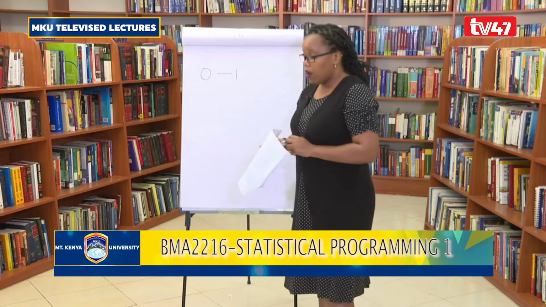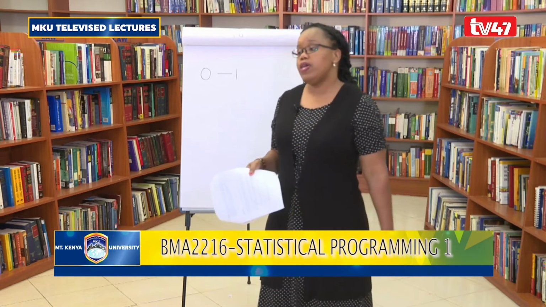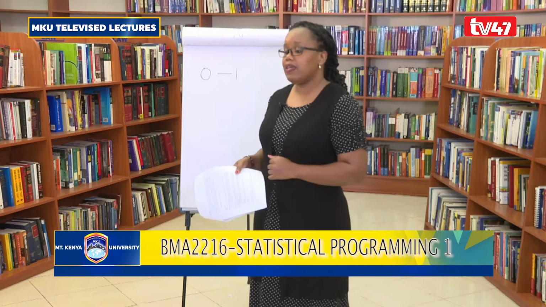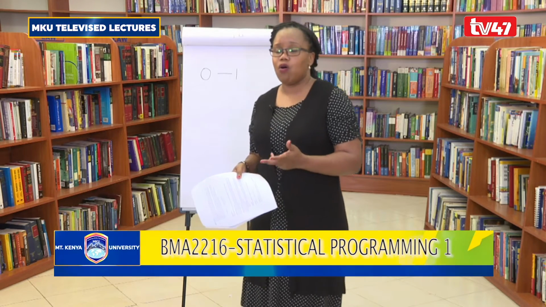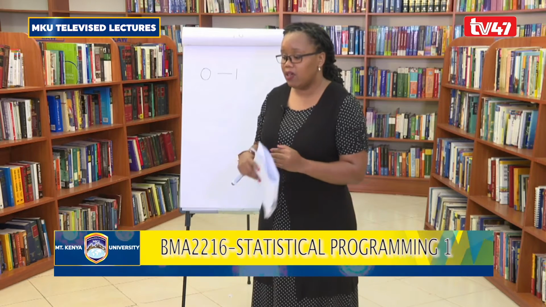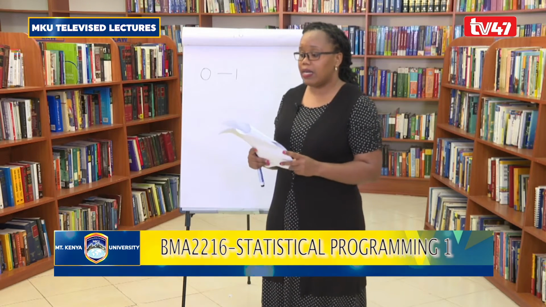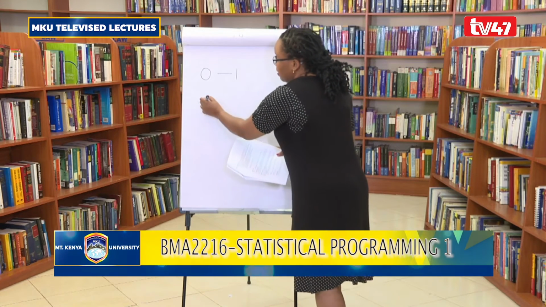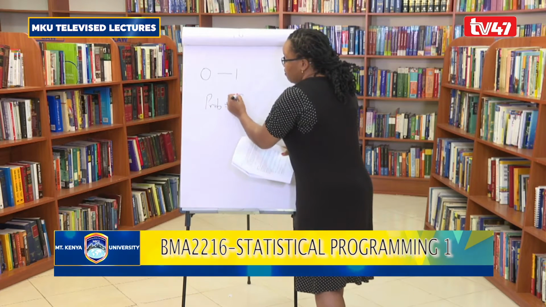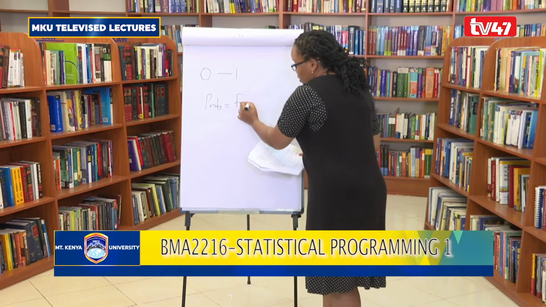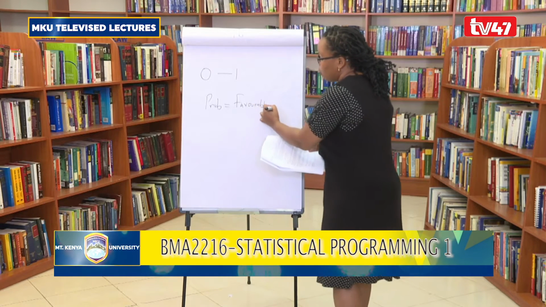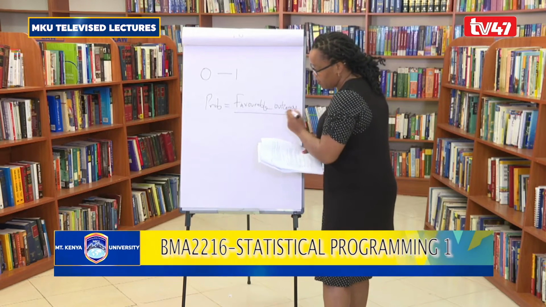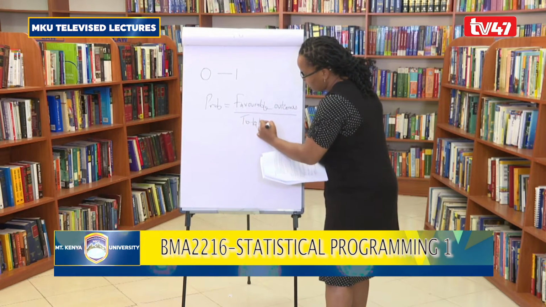If in our class of 40 students, we had 15 of them being females, and a question is posed to us on what is the probability of the number of ladies in the class, that would mean for us to calculate probability, our probability would be favorable outcomes divided by the total outcomes.